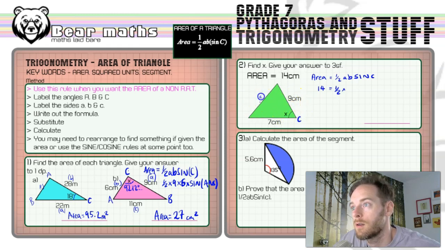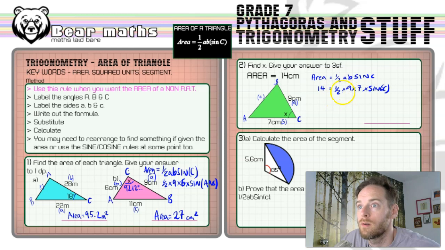Let's call that one A, therefore that's little a. Let's call that one B, that's little b. So we've got those numbers which you can put in. So it's going to be 9 times by 7 times by sine of x. That's the thing we're looking for.